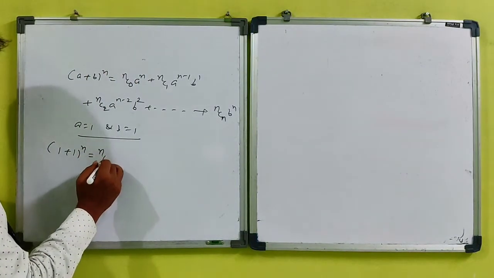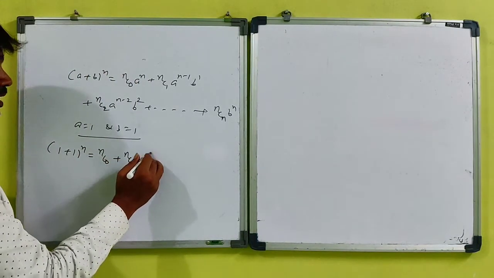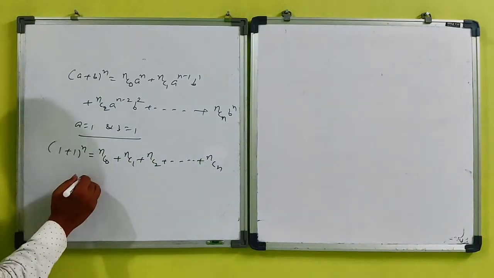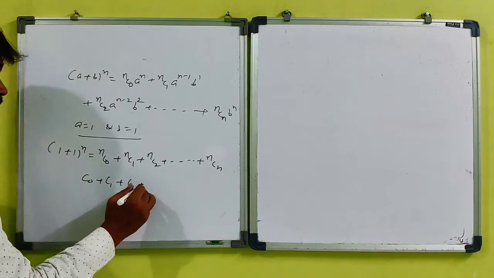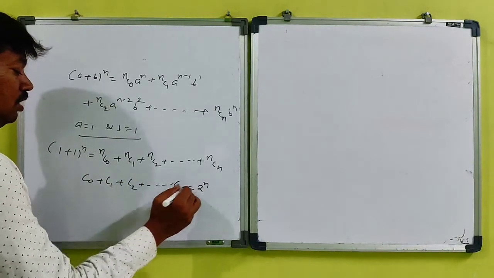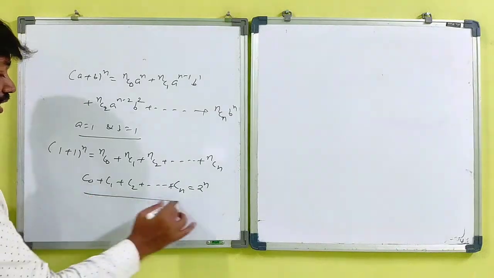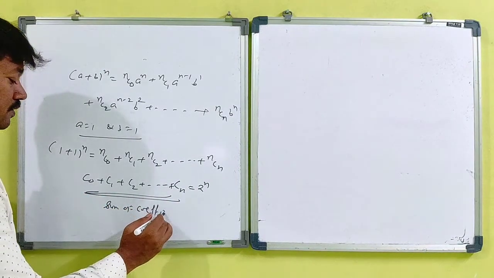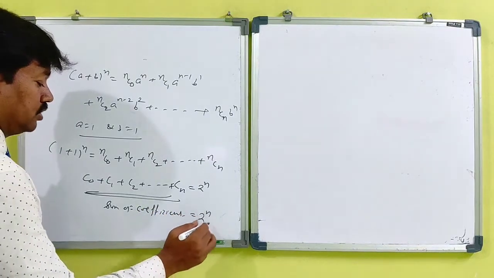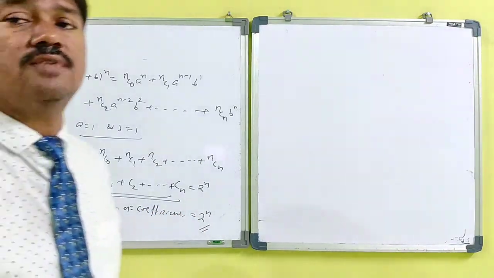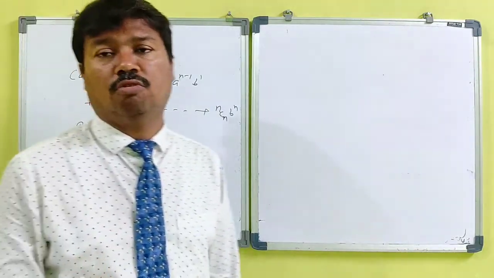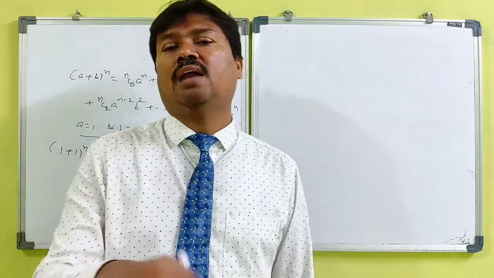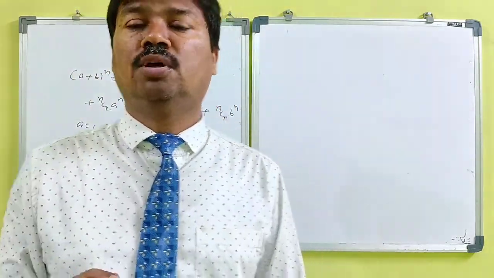Therefore this becomes nC0 plus nC1 plus nC2 up to nCn, that is C0 plus C1 plus C2 up to Cn, which is nothing but the sum of coefficients. The sum of coefficients is equal to 2 raised to n. So what is the concept here? Whatever the variable in the expression is, x, y, or a or b, you have to put that variable equal to 1 to find the sum of the coefficients.